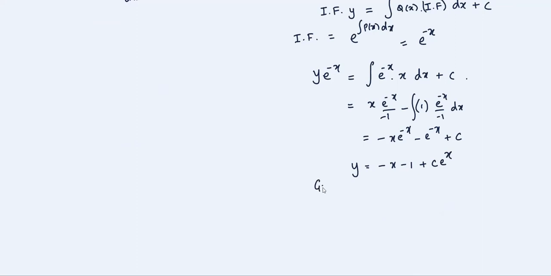Now given that at x equal to 0, y is equal to 1, substitute y equal to 1, x equal to 0, e power 0 is 1. So we get c is equal to 2. So we get y is minus x minus 1 plus 2 e power x.